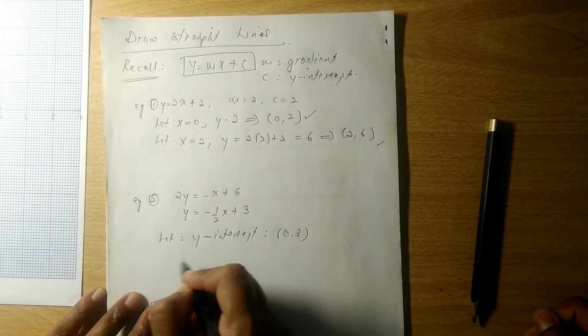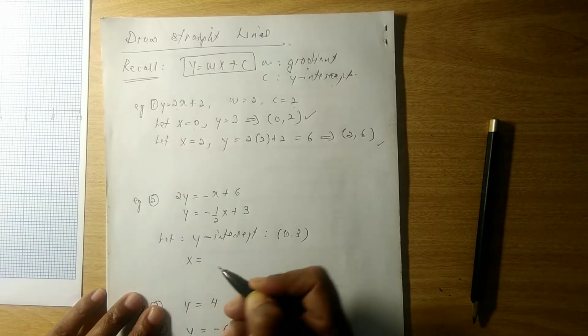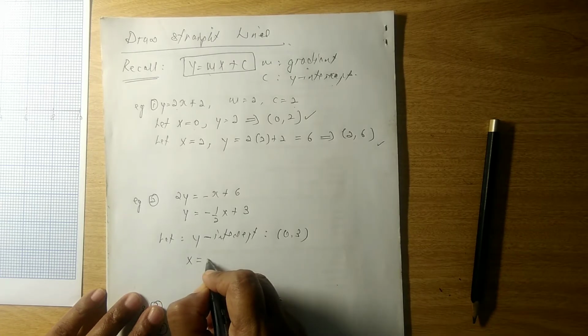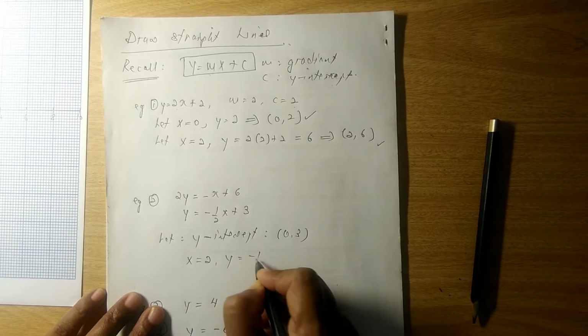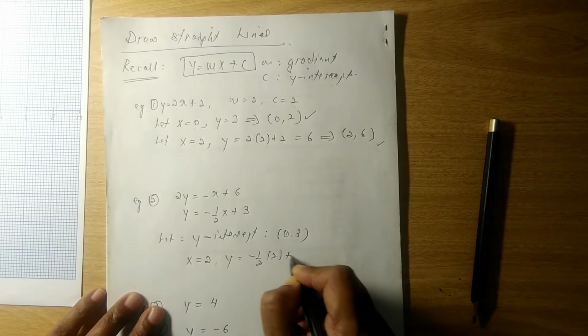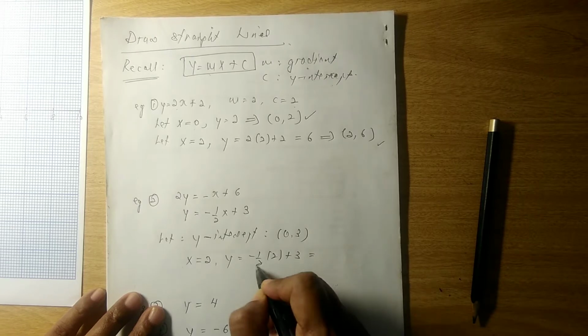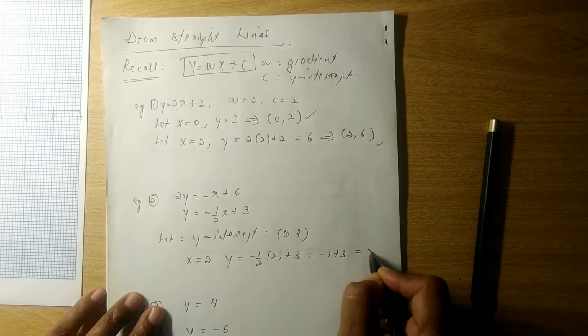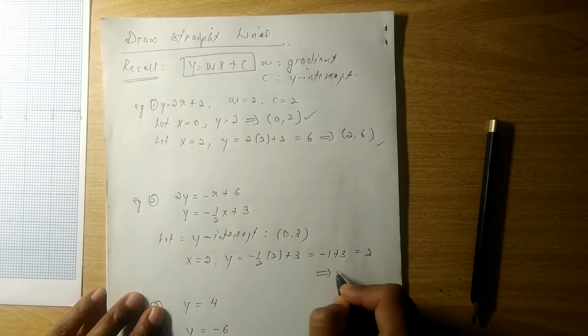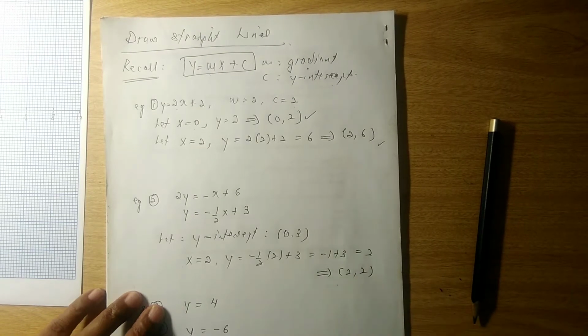And let's say we take x equals to maybe 2. So y becomes negative half times 2 plus 3, so you get a negative 1 plus 3, which is a 2. So my next coordinate is 2, 2 as well.